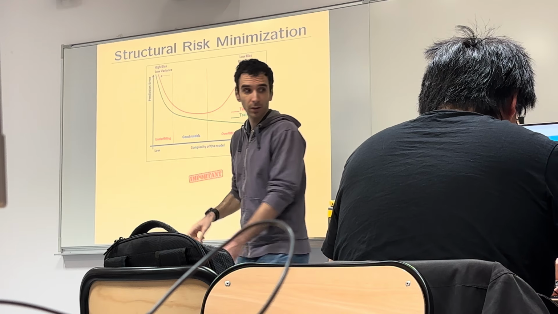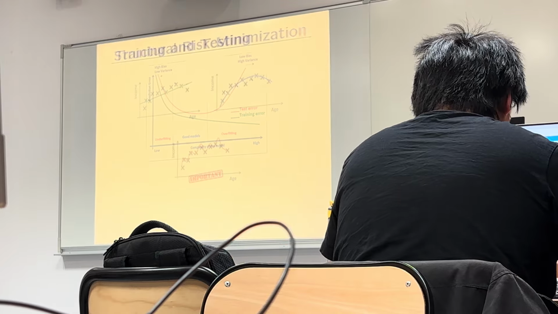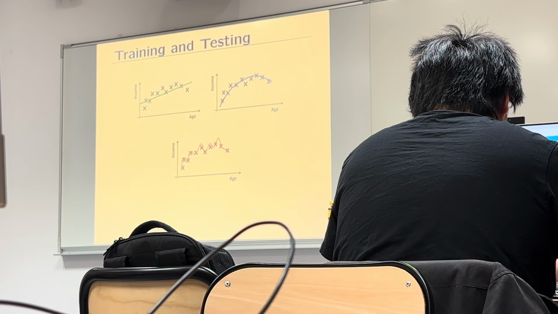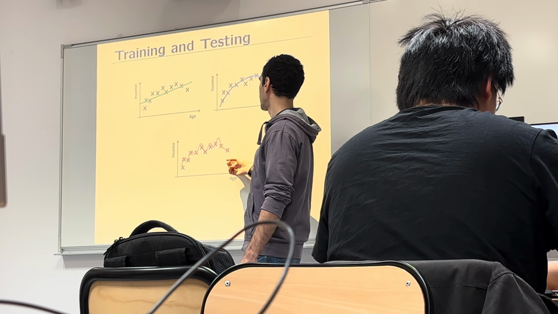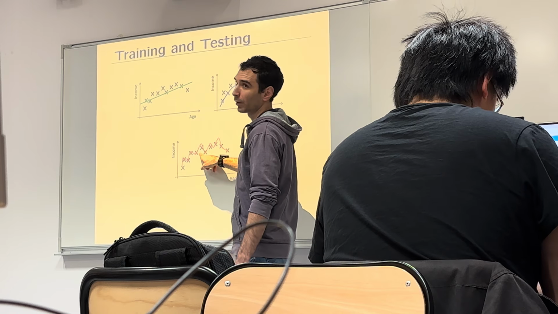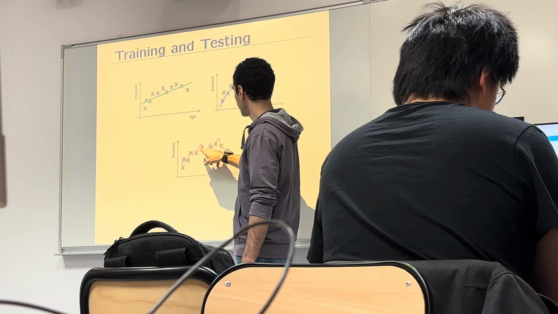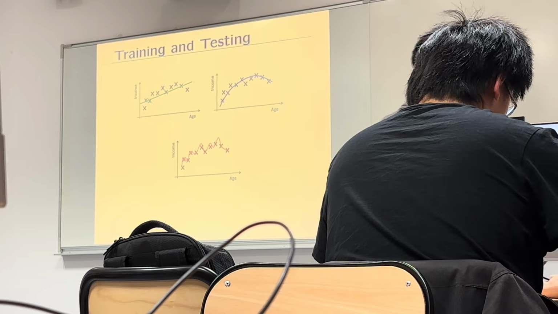But if the order of your polynomial is too high, you can end up with this type of fit, and of course it's not predicting unknown data very well. For example, if you add circle data points somewhere here, it will not fit very well.